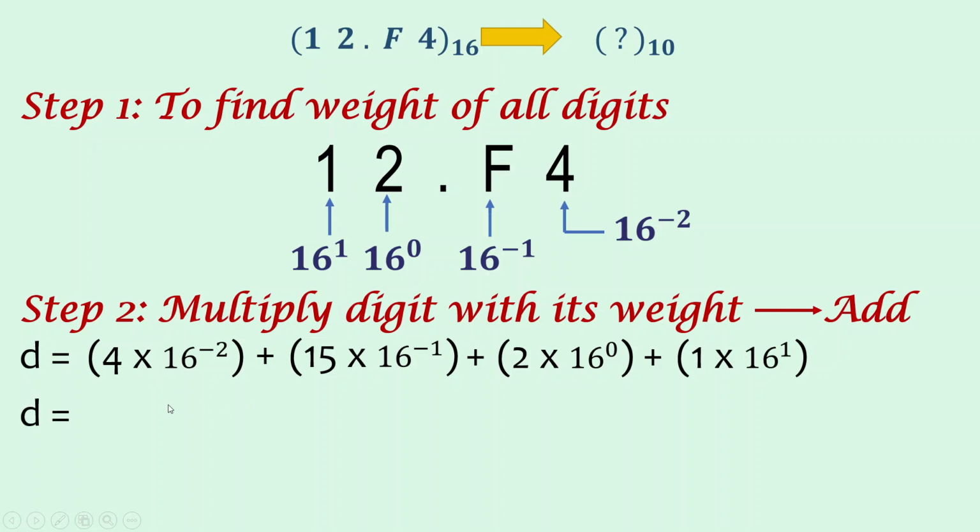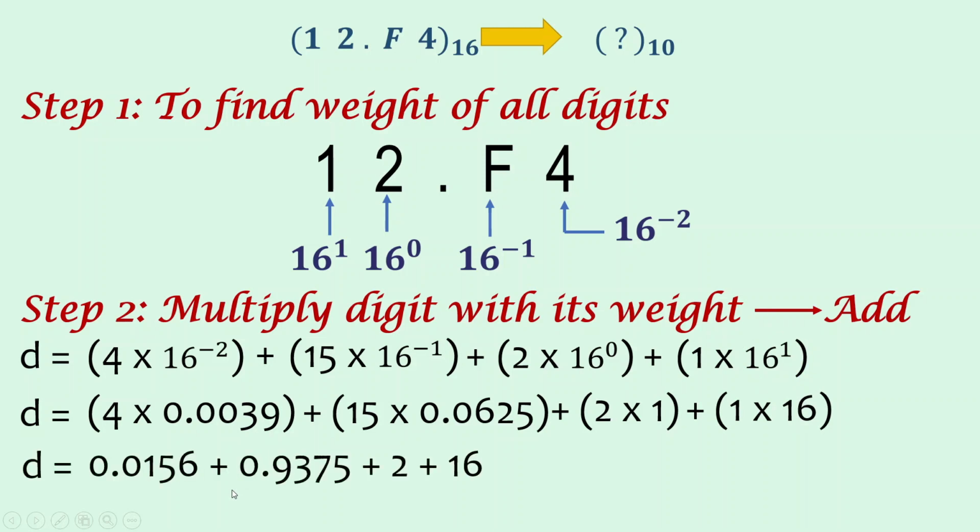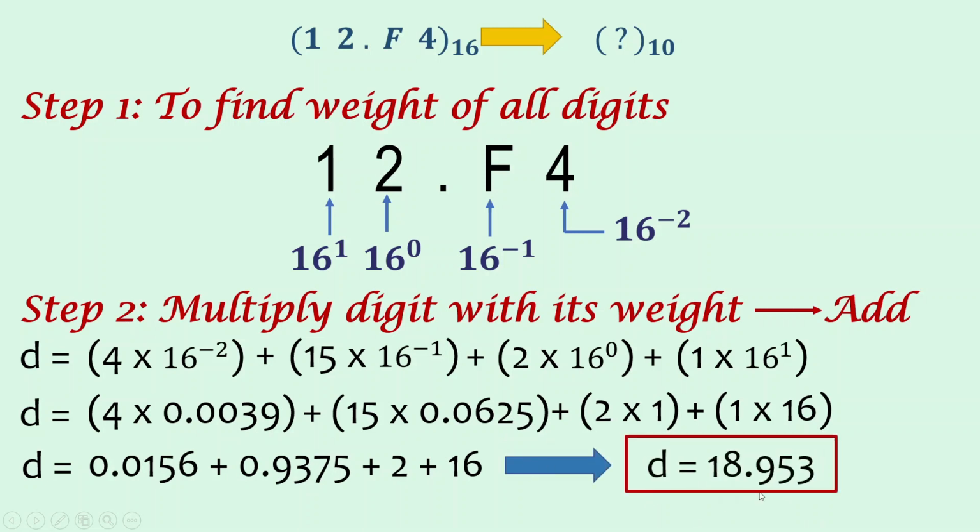So after finding the value of 16 raised to minus 2, we will get 4 into 0.0039, then 16 raised to minus 1. 16 raised to 0 is 1 and 16 raised to 1 is 16 itself. So D will be equal to, after multiplying we will get this value, and after adding we will get the final value, that is 18.953.